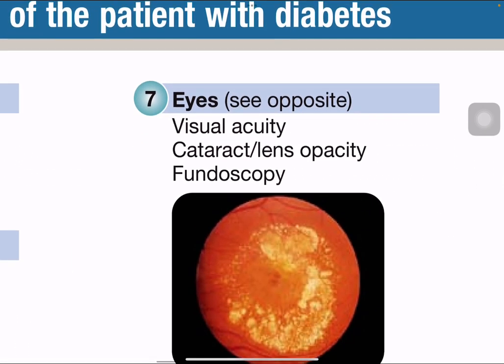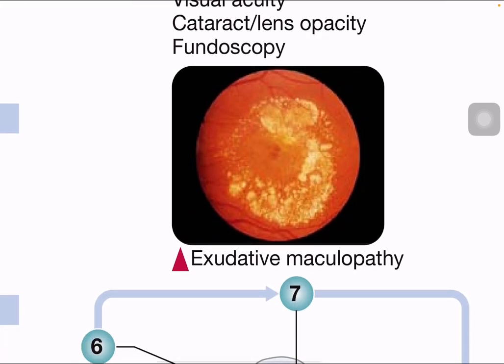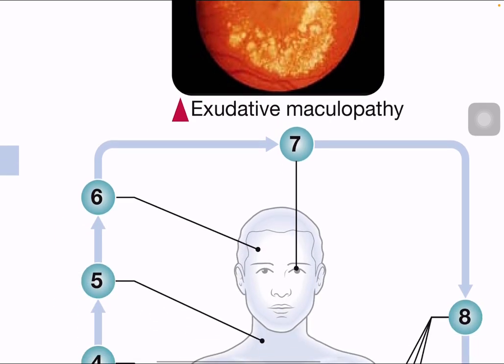In the eye, we must check the visual acuity, power of the eye. We must check the lens for any cataract, and must check the fundus for retinopathy. There are various stages of retinopathy: background retinopathy, proliferative, pre-proliferative, and maculopathy. Exudative maculopathy is a very dangerous condition.